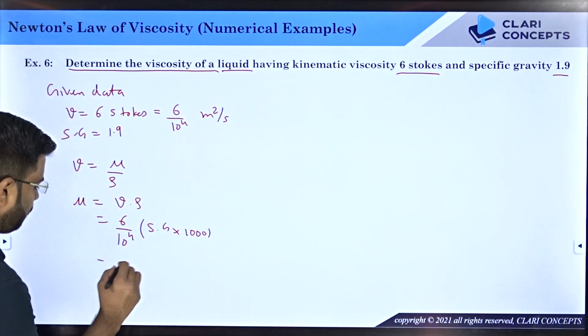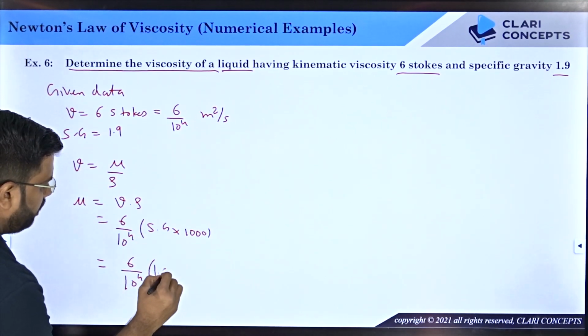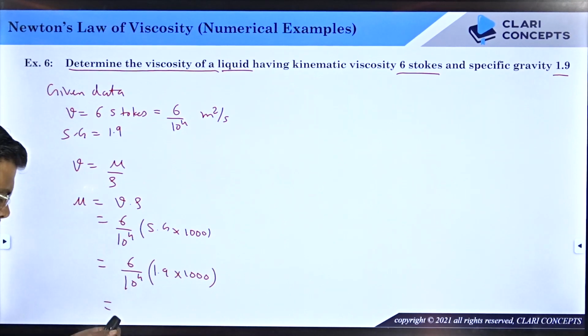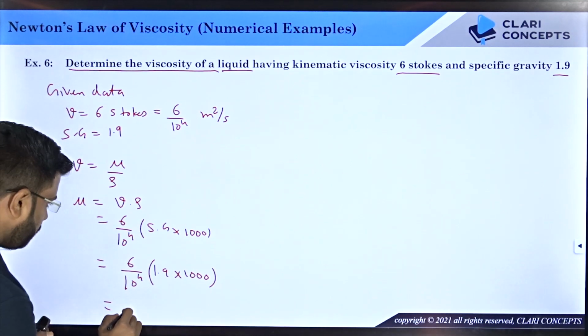So, I will get 6 divided by 10 to the power 4, Sg is 1.9 into 1000. So, the answer that I will get is 6 into 1.9, multiplied by 1000 divided by 10,000. Simple. This is 1.14.